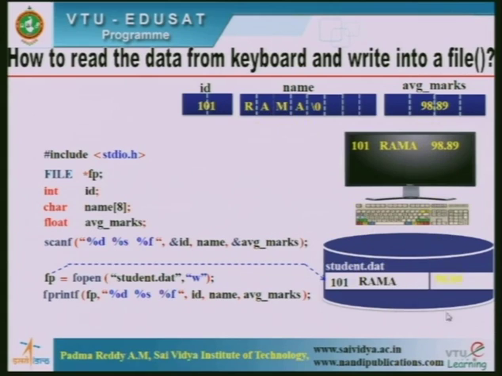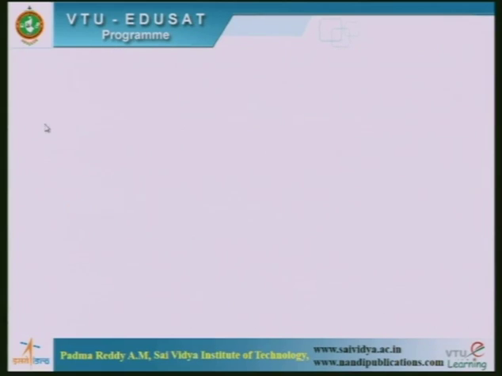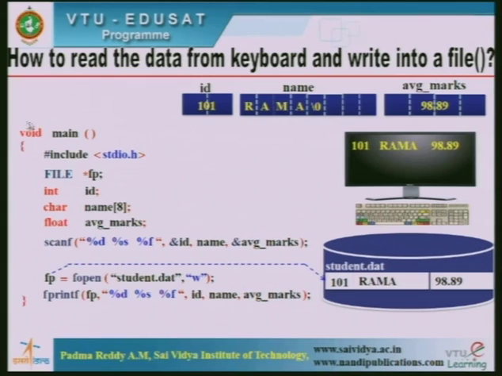And next, the average marks are read from the memory and written into the file. So this is how the data read from the keyboard can be stored in a file. Now our job is over. All these statements must be enclosed within braces, and here we write void main. The declarations of scanf and fprintf are available in stdio.h, so we can include stdio.h here.